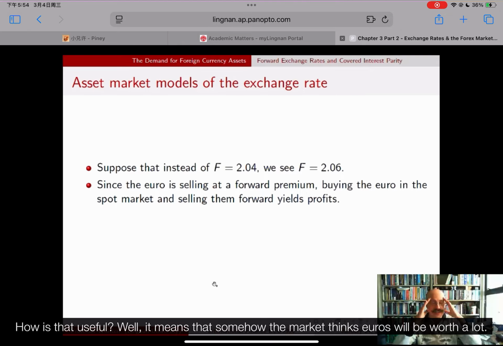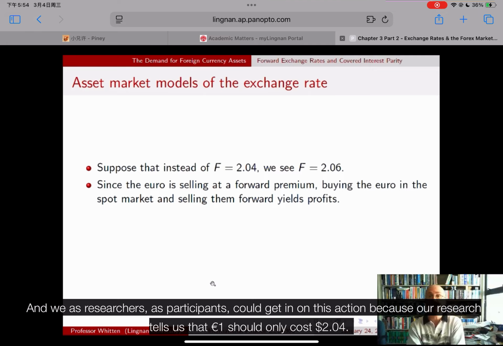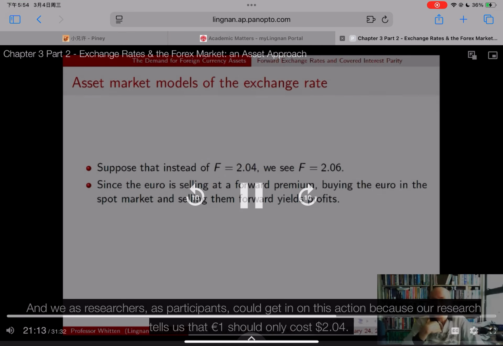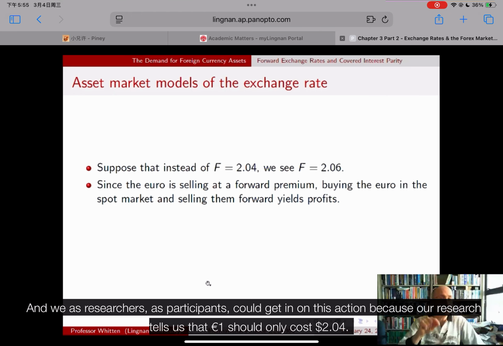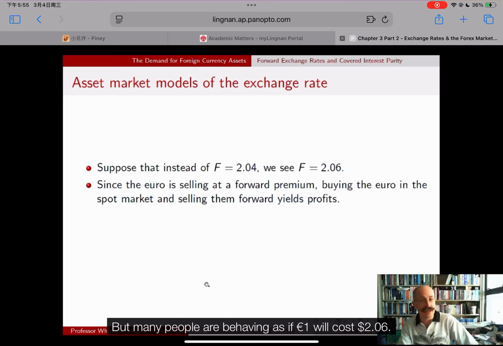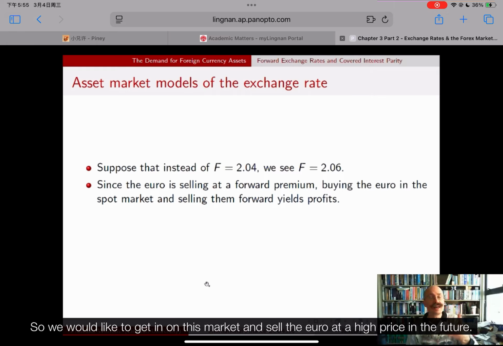Well, it means that somehow the market thinks euros will be worth a lot. And we, as researchers, as participants, could get in on this action because our research tells us that 1 euro should only cost $2.04, but many people are behaving as if 1 euro will cost $2.06. So we would like to get in on this market and sell the euro at a high price in the future.